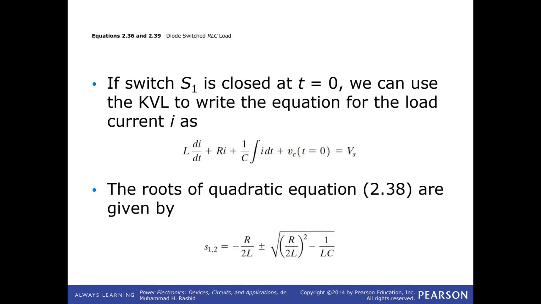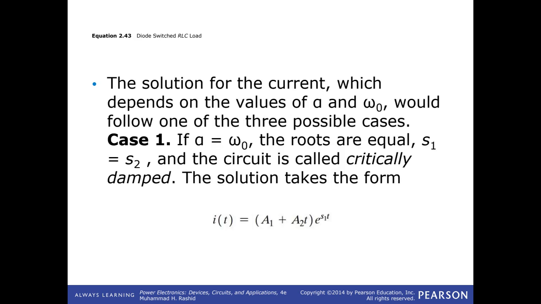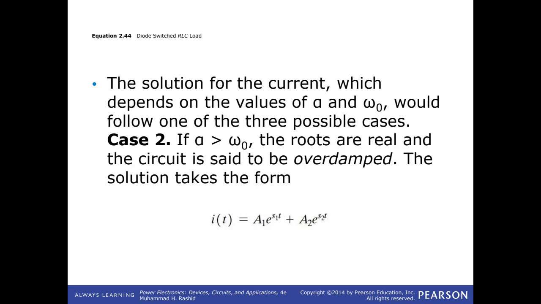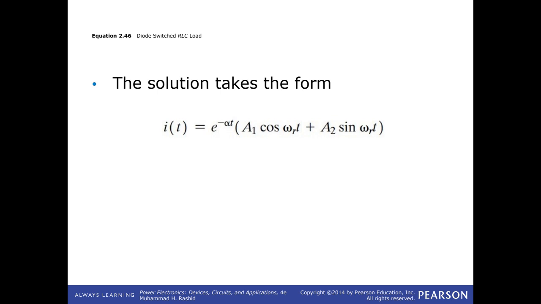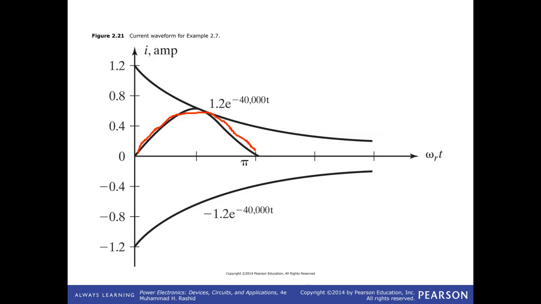The cases, we have 3 cases. This is the final one. This problem is specially designed for this case. And the solution of the problem is this. That is the 1.2 e to the power minus 4000 t, which is the exponential term.